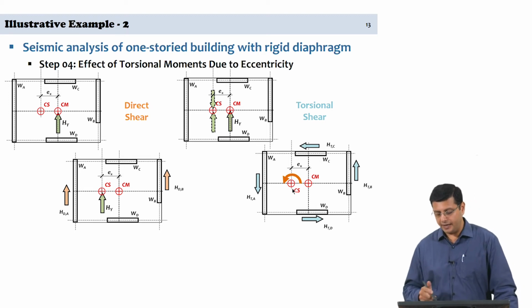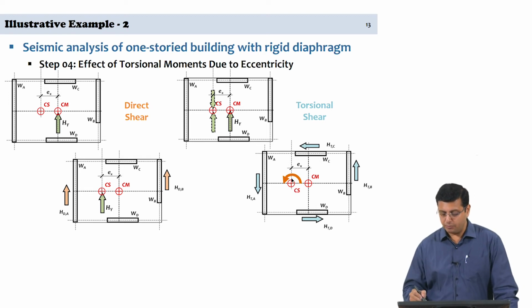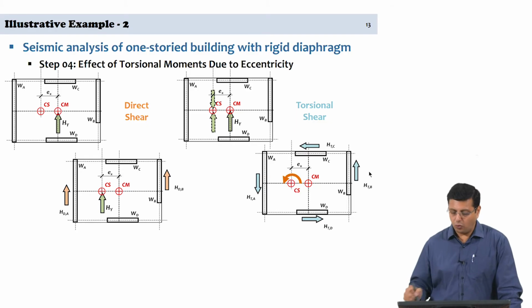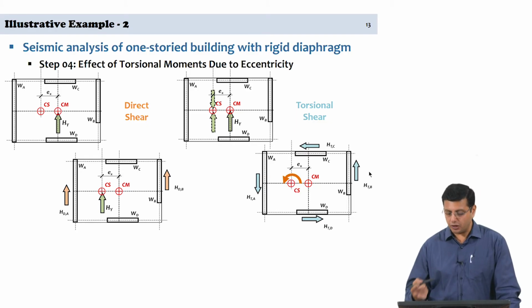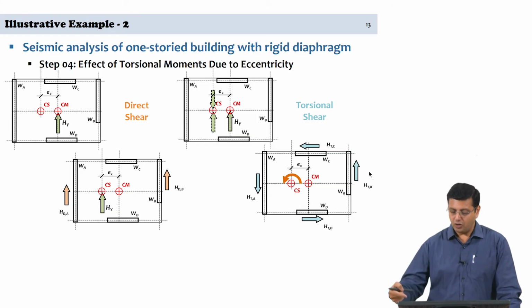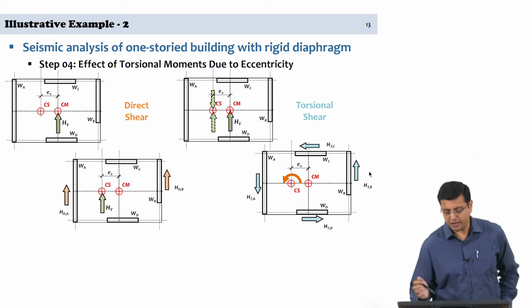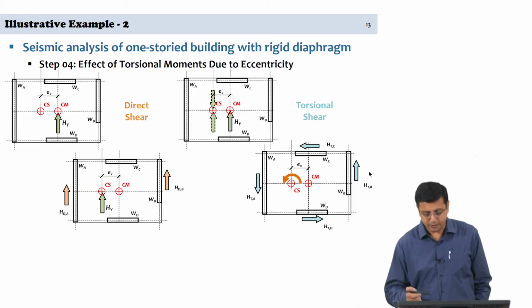So, in this particular case, the torsional moment is acting about the center of stiffness. The blue arrow marks that you see in the 4 walls correspond to the torsional shear due to this effect. So, the demand torsional shear on the 4 walls is in the anticlockwise direction, and this is because of the positioning of the center of stiffness with respect to the center of mass.